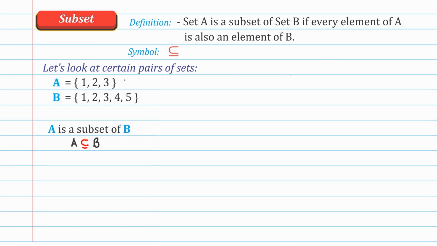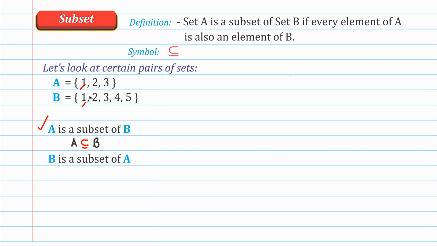Now, does it work the other way around? If A is a subset of B, can we say that B is a subset of A? While the first is true, let's check the second statement. If B were a subset of A, every element of B should also be in A. B should be part of A. Let's look at every element. 1, check.